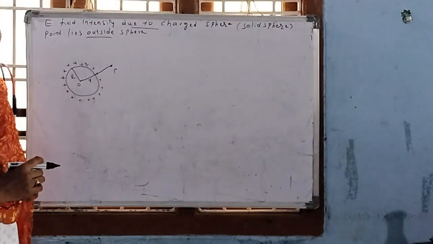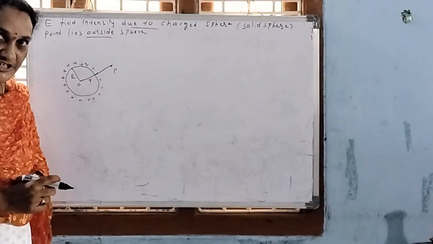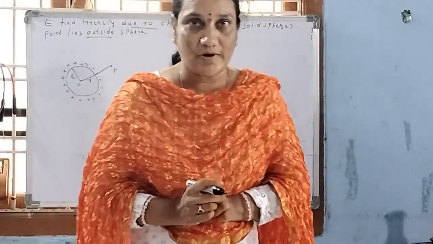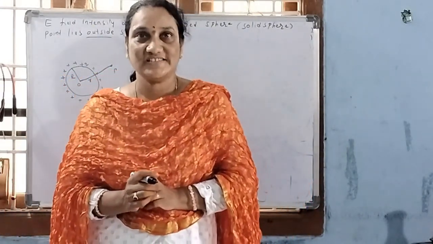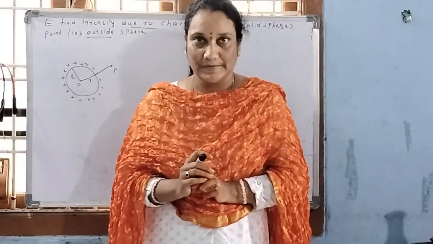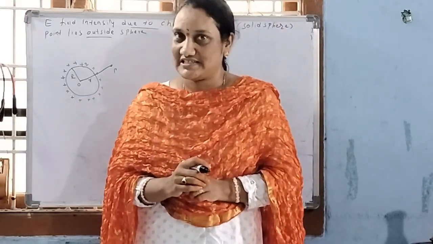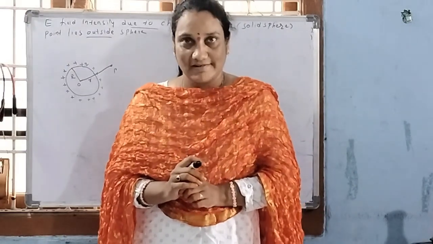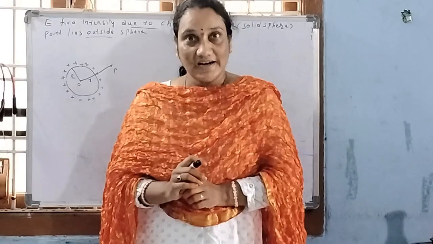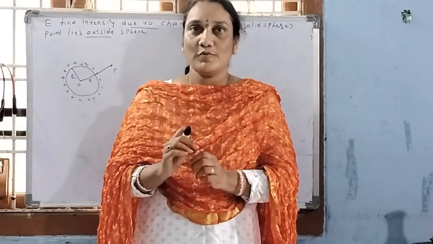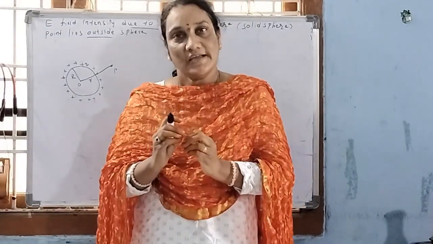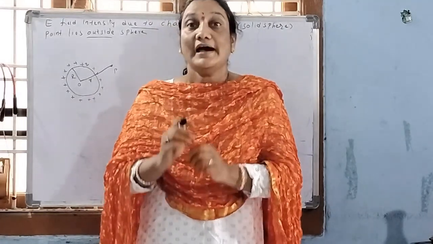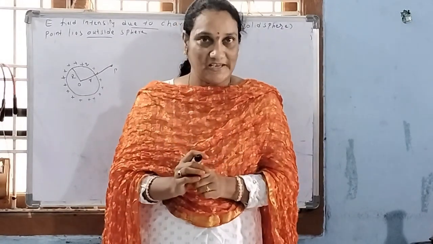Now, first let us talk about the electric field direction. Here we said that charge is distributed uniformly throughout the sphere. When charge is distributed uniformly, according to the principle of symmetry, the magnitude of the electric field will be the same at each and every point on the sphere, and the electric field direction will be radially outwards from the sphere.